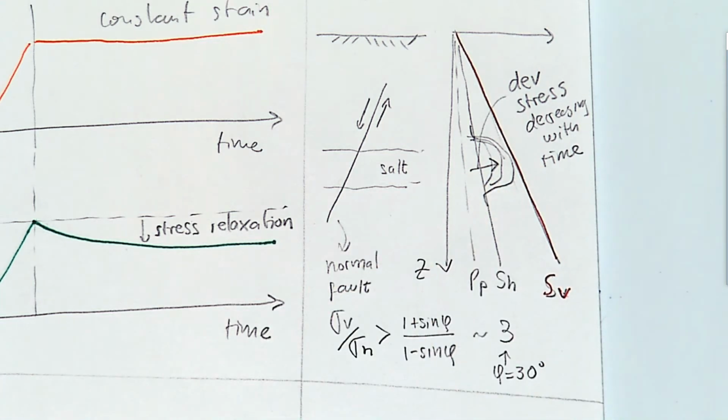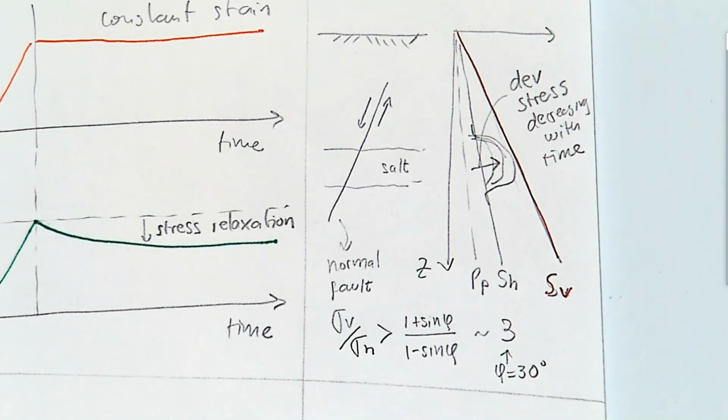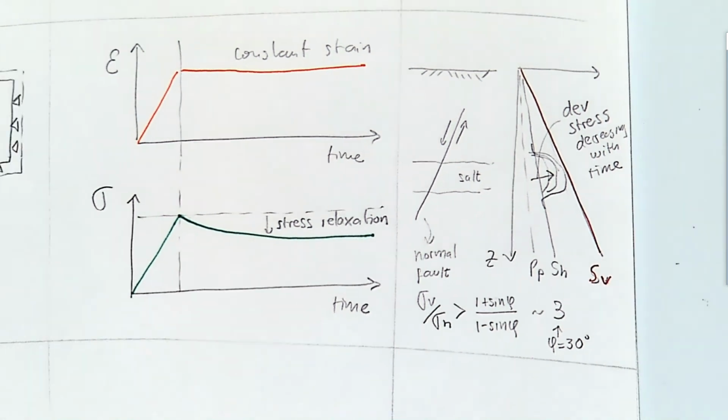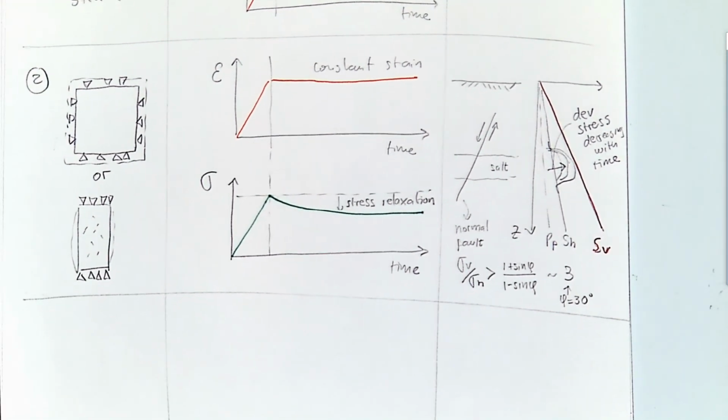Just because shales, and in general mud rocks, especially soft mud rocks, don't like deviatoric stresses either. So if you put a stress, they will tend to flow and to accommodate those stresses so there is no deviatoric stress. Okay. That's one example of stress relaxation.